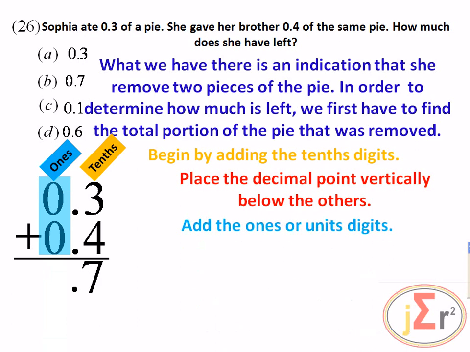Add the ones or unit digits. And we have 0 plus 0 is equal to 0. Right. So what we have done, we have taken the 2 pieces of the pie that were removed, and in order to find the total that was removed, we added those 2 together.